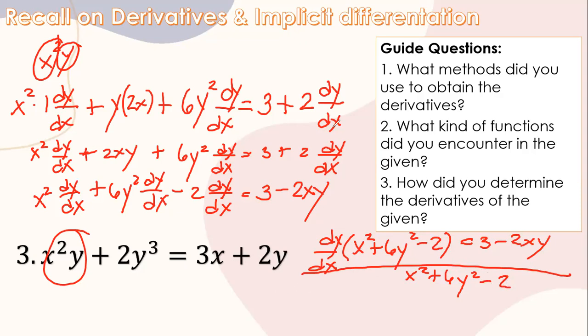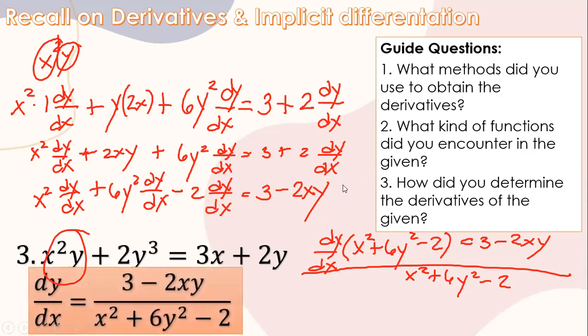Okay, ang matitira sa atin ay dy over dx is equal to 3 minus 2xy divided by x squared plus 6y squared minus 2. So, that is implicit differentiation.